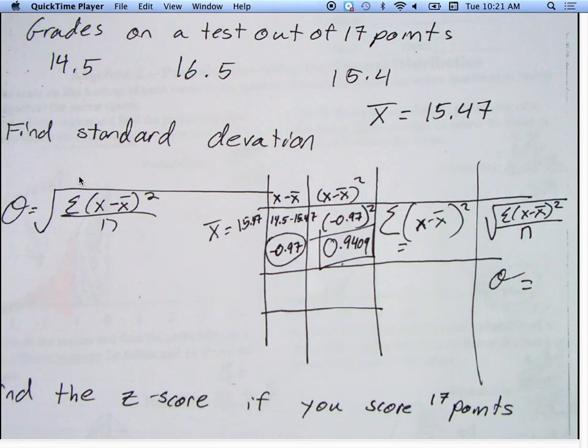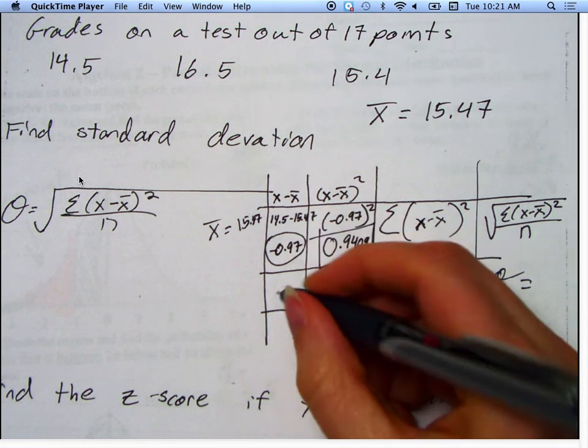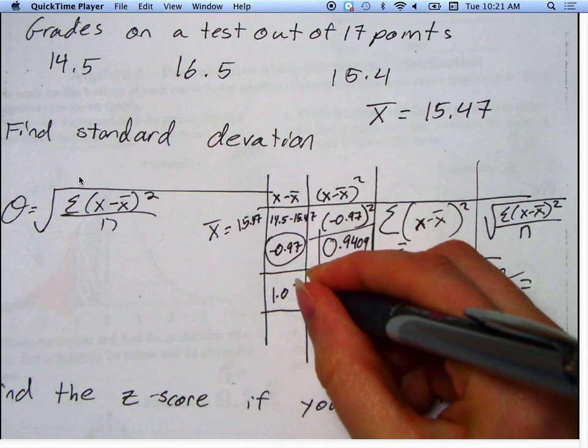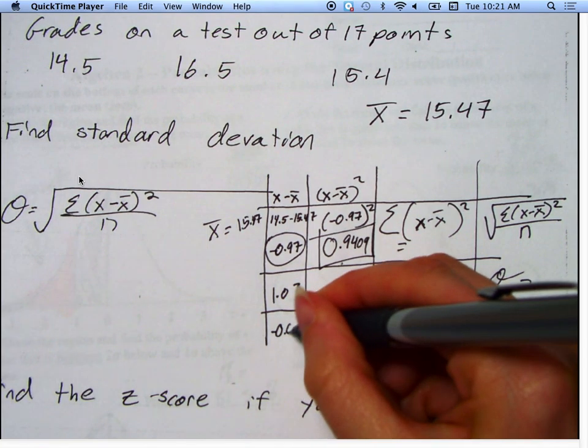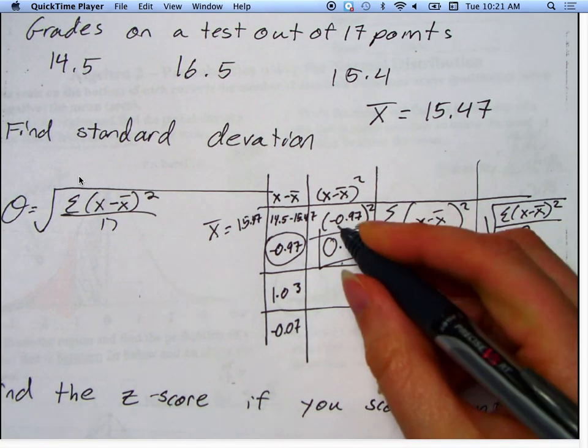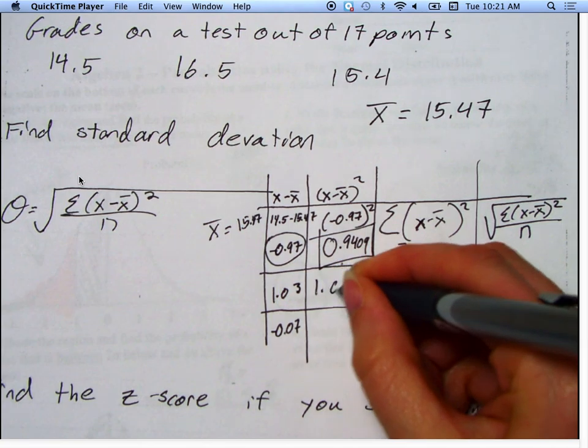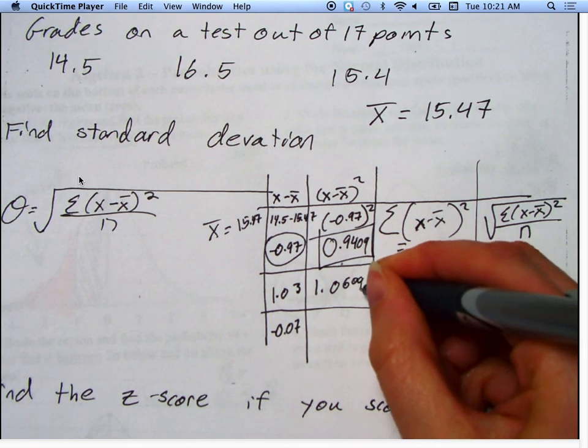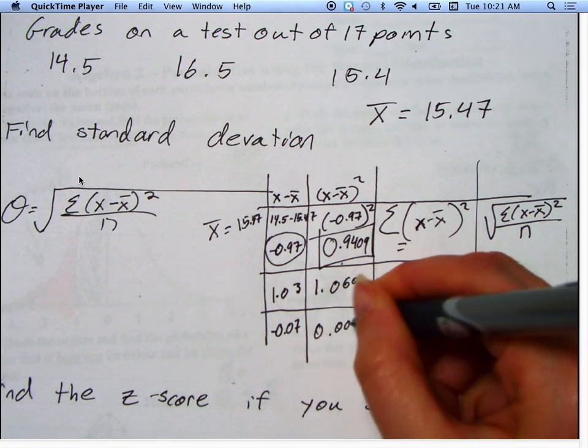All right, are we ready? Okay. You should have gotten 1.03 and negative 0.07. And then when we square them, we should have gotten 1.0609 and 0.0049.